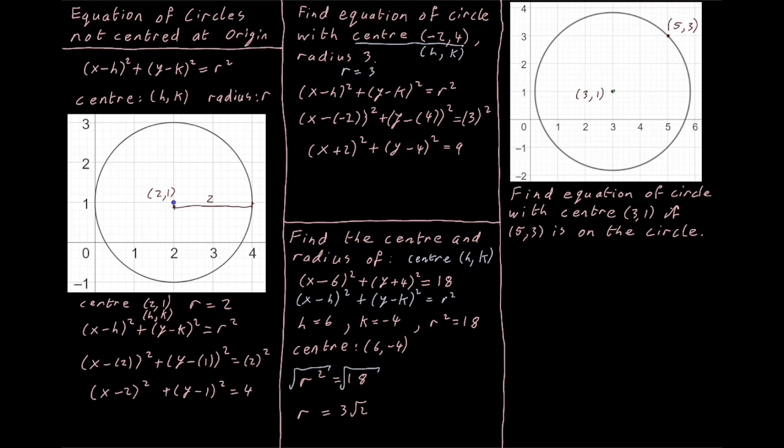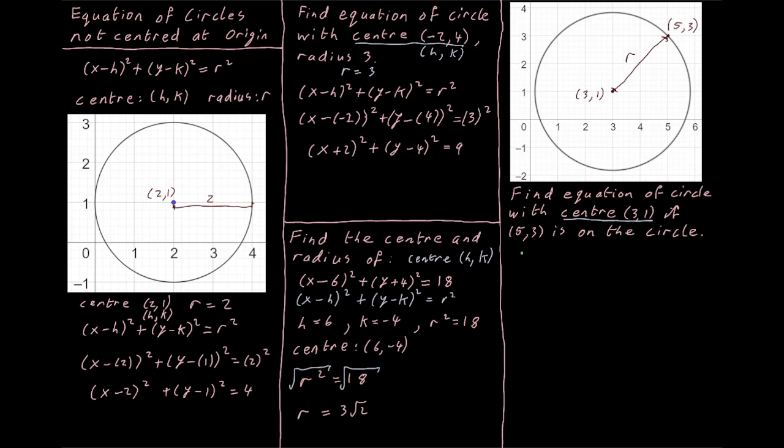So if I find this distance here, that's going to be the radius of the circle. And that's a piece of information I'm missing, because for my equation of my circle I have to have the center and the radius. Well, they gave me the center in the question, so the piece of information I'm missing is the radius.